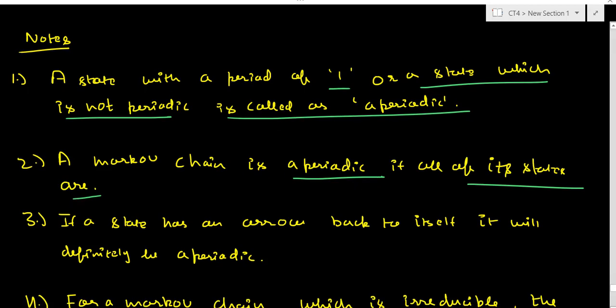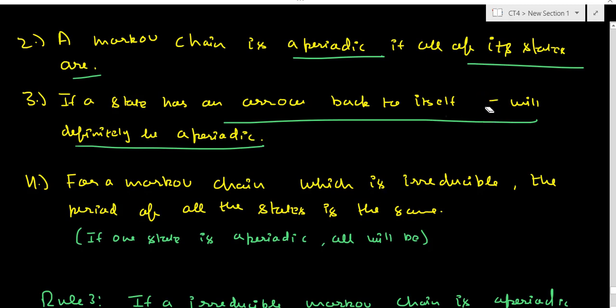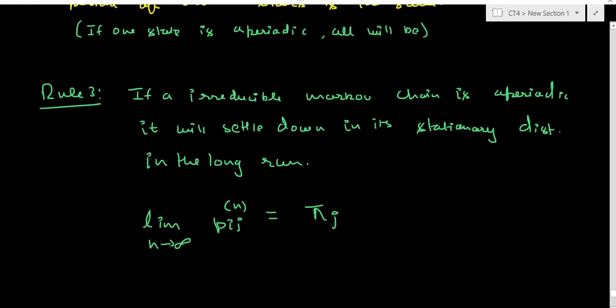Okay, a state which has an arrow back to itself will definitely be aperiodic. If any of the states in the transition diagram has an arrow back to itself, it will definitely be aperiodic because you can come back to it after any number of steps, right? Just how we saw in this example.